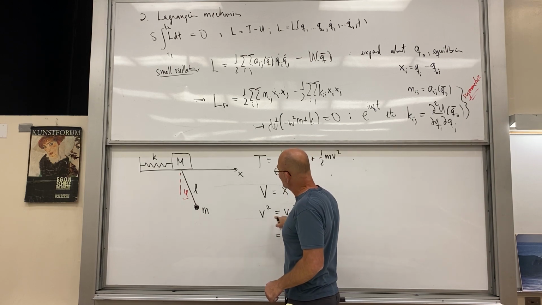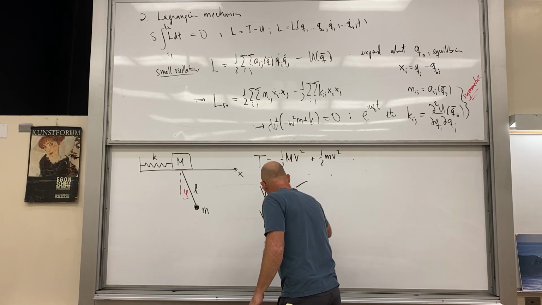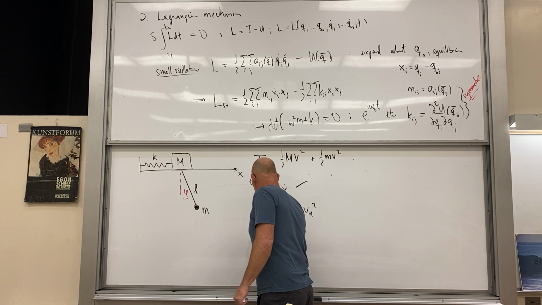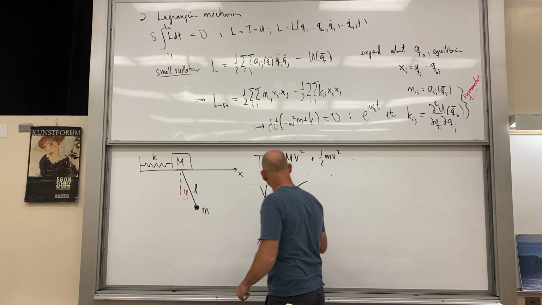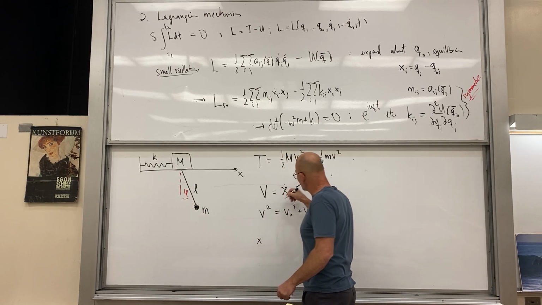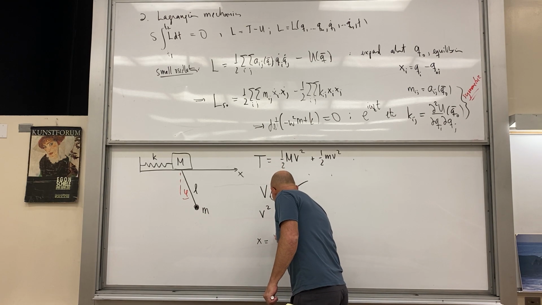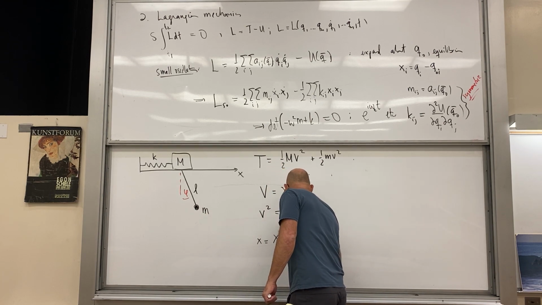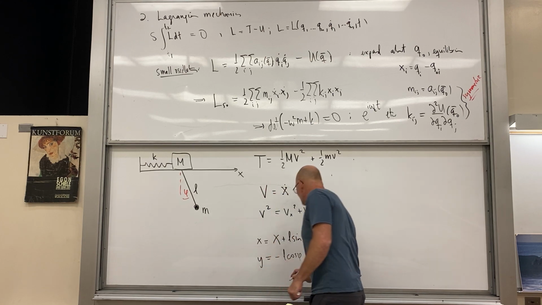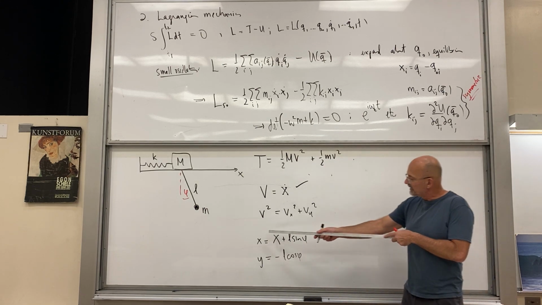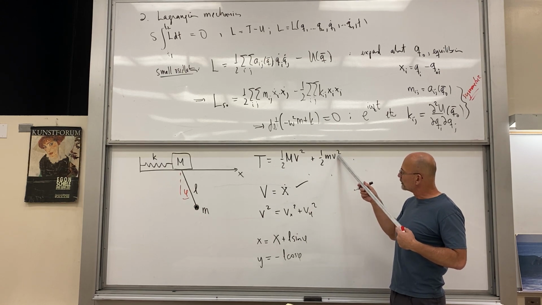So Vx, you have to take the x, actually, let's not do too much right here. So we have x and y, this is a capital X right here, okay, in uppercase. We need x and y for the pendulum bob, and that would be capital X plus L sine phi, y would be minus L cos phi. So it's only when you take the derivative of this, square them, add them up, that you can replace this v squared here.